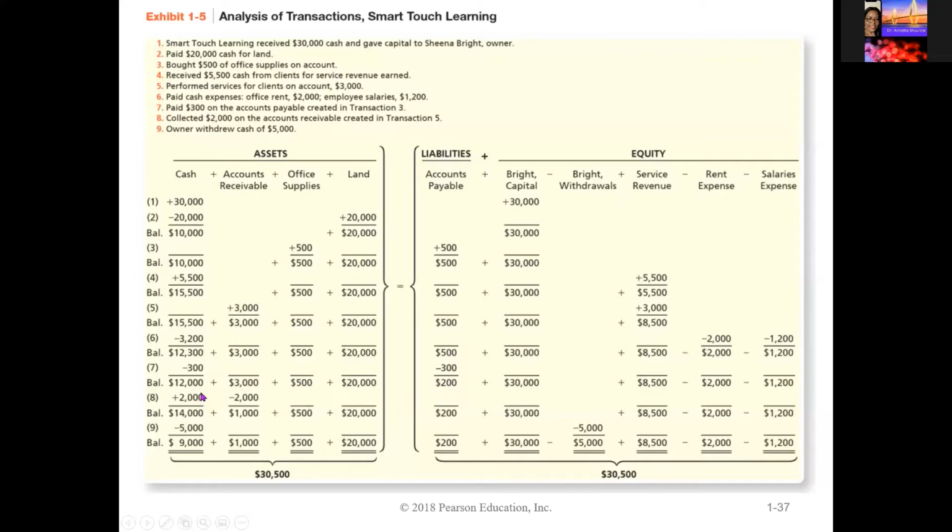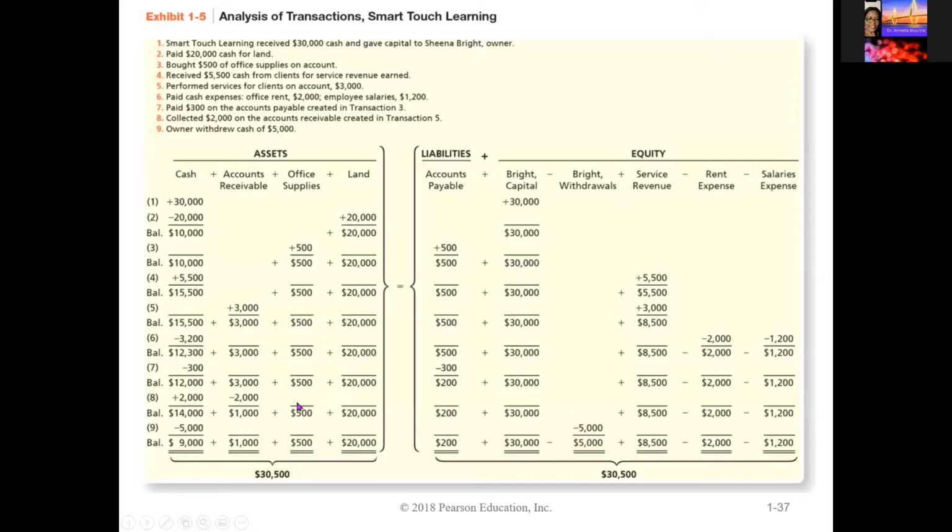Transaction 8, collected $2,000 on accounts receivable, created in transaction 5. You have your $2,000 where your cash is increased. Now the balance in cash is $14,000. Accounts receivable is decreased. The balance of accounts receivable is $1,000.